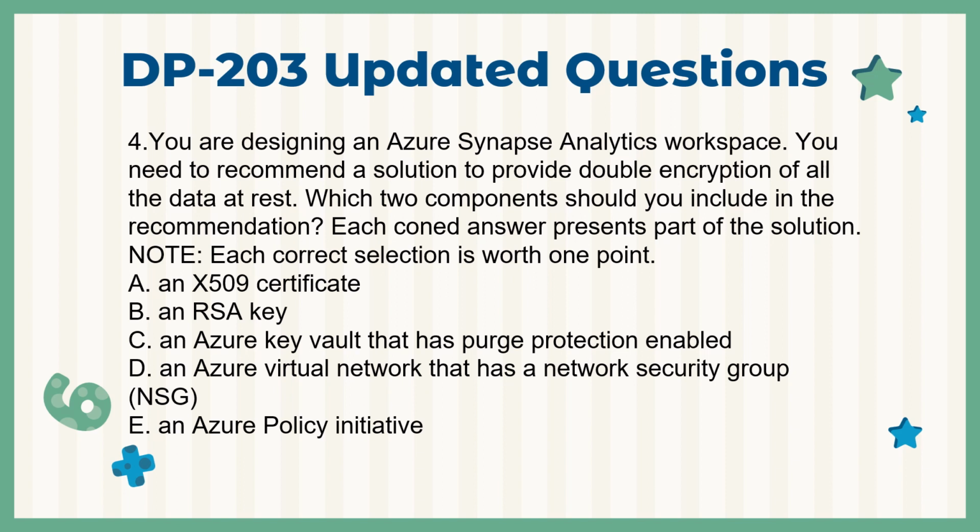A. An X.509 certificate. B. An RSA key. C. An Azure Key Vault that has purge protection enabled. D. An Azure Virtual Network that has a Network Security Group (NSG). E. An Azure Policy initiative.